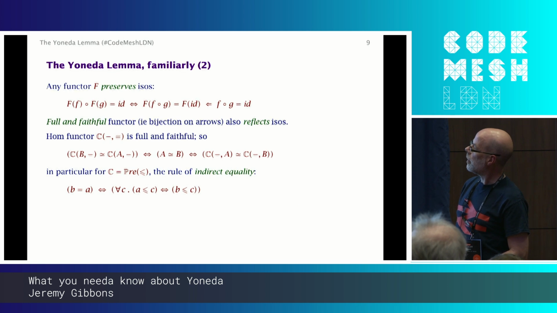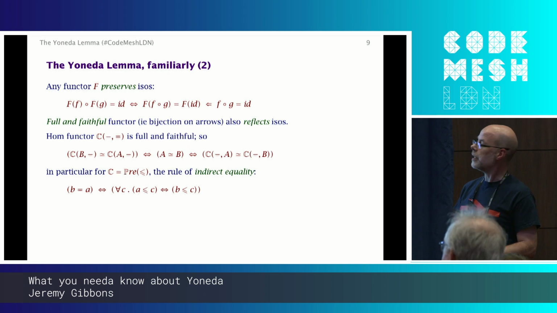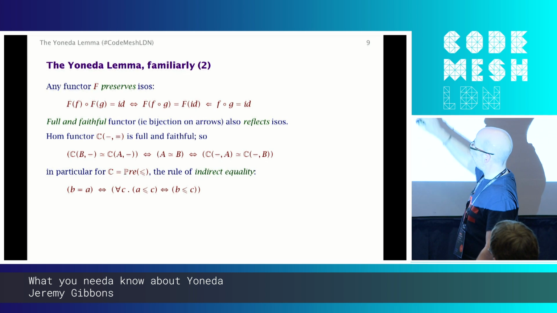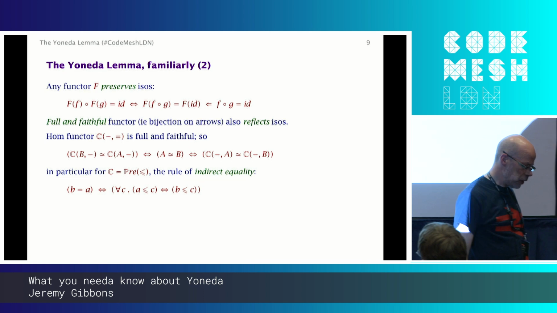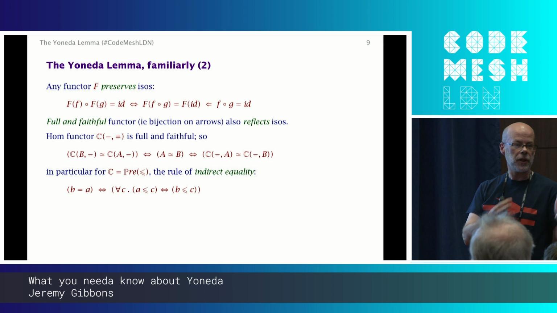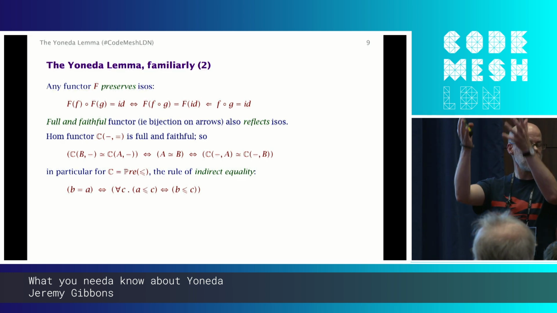Here's another one. There's another result about Yoneda, which I'm not going to go into the details of, but as a consequence of it, there's a similar rule about equality. Two things in an ordered set are equal precisely when the things that are above one are above the other. That's what it is for two things to be equal. They have the same things above them.